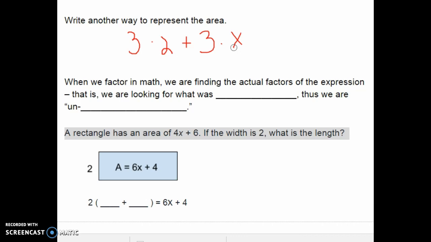So today we're going to be looking for common factors, and that's what's going to help us undo the distributive property. When we factor in math, we are finding the actual factors of the expression. That is, we are looking for what was multiplied, or distributed in this case. Remember, my handwriting here is not good.